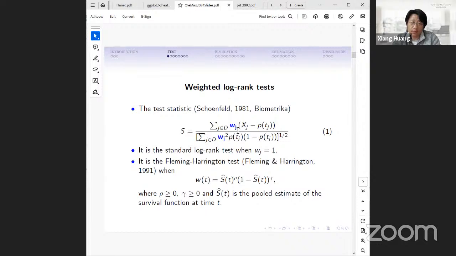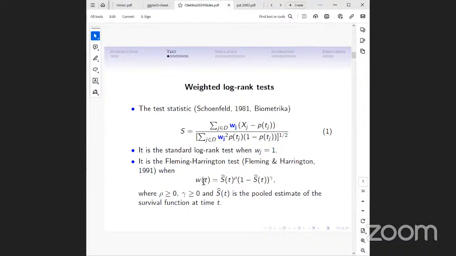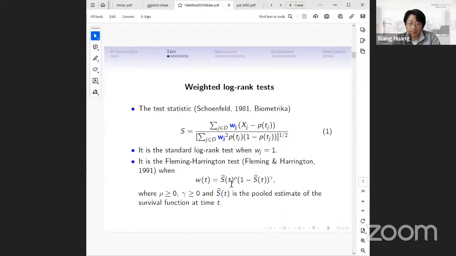If we choose different kinds of weight functions, that gives us different weighted log rank tests. One is the so-called Fleming-Harrington test, where the weight function is taken as a function of the pooled estimate of the survival function at time t.